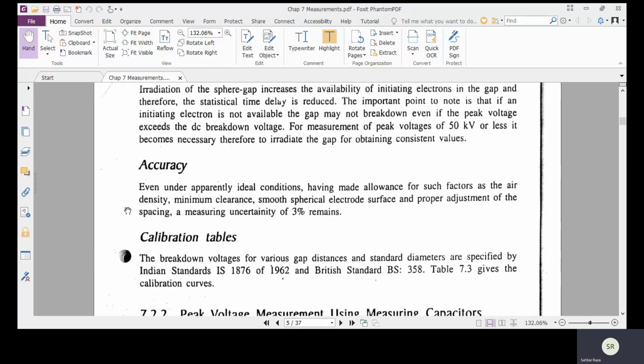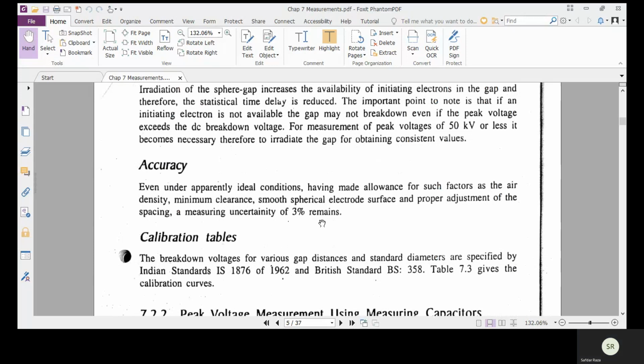Now we will move towards the accuracy: what is the accuracy of this type of measuring instrument? Even under apparently ideal conditions, having made allowance for factors such as air density, minimum clearance, smooth spherical electrode surface, and proper adjustment of spacing, a measuring uncertainty of 3% remains.